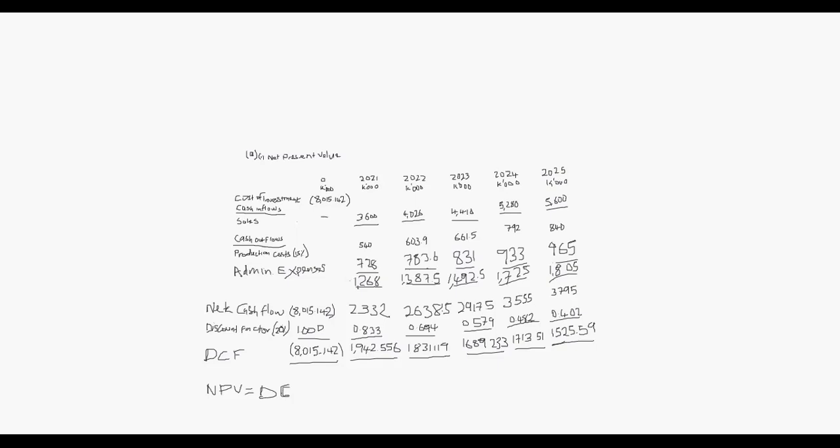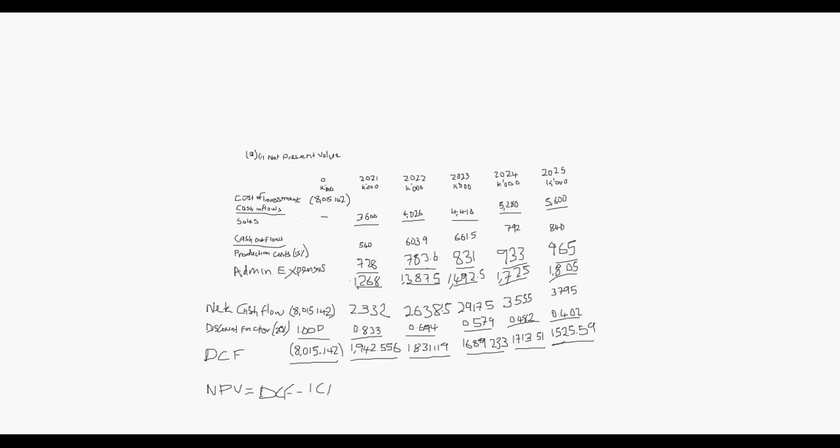So discounted cash flows, which is what I've just calculated, minus the initial cost of investment. The initial cost of investment is 8,015,142 kwacha.